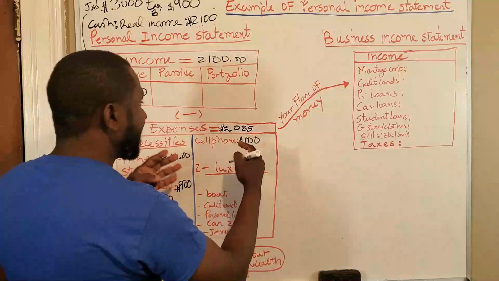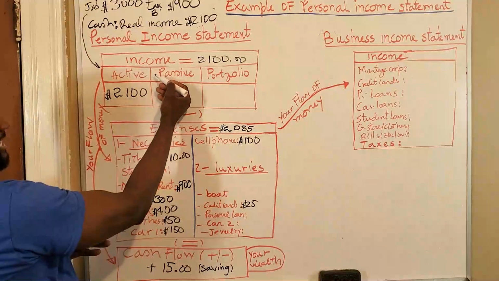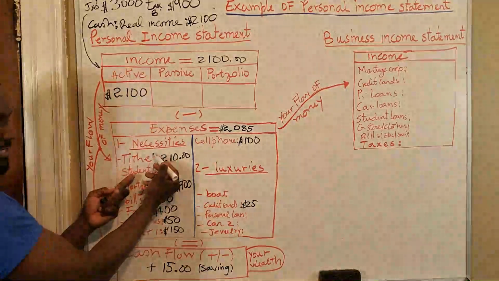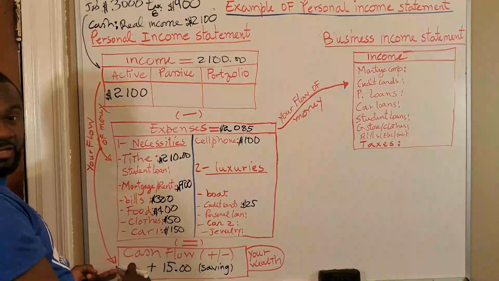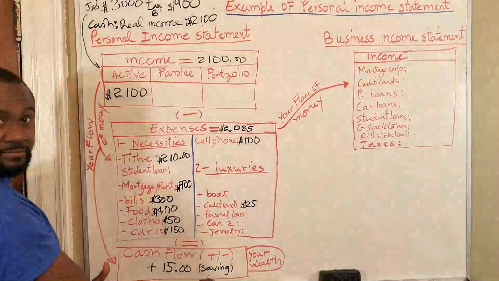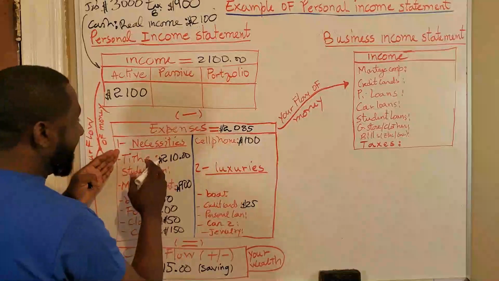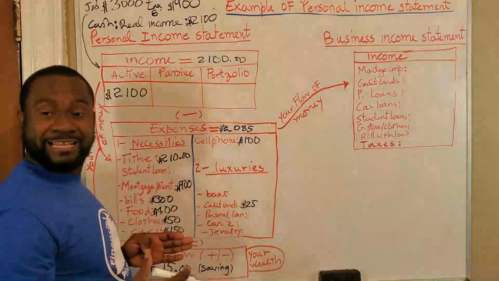So let's look now at the flow of money. Job to your income statement, to expenses, and then if you have anything left, it goes to your cash flow, it goes to your saving. Okay? So that, which is good. So the money from your expenses, where does that money go?